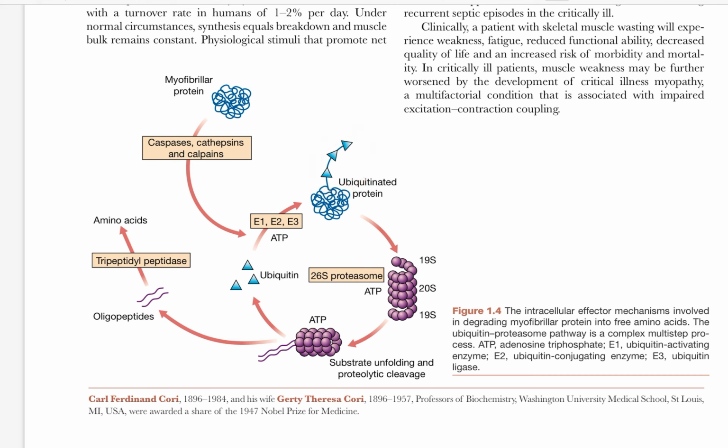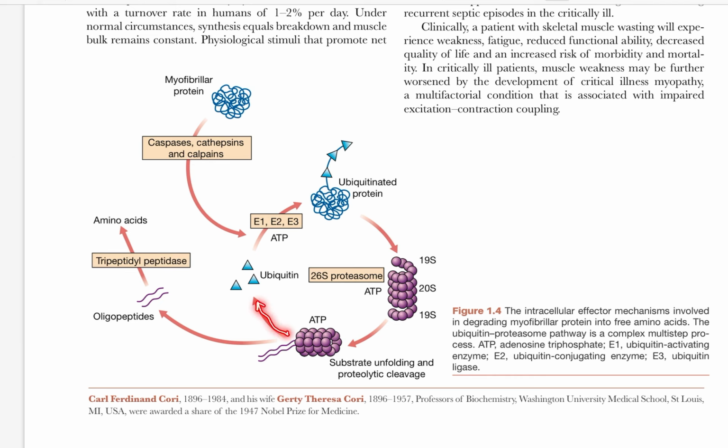After that, it forms a 26S proteasome, 19S, 20S, 19S. With ATP, the substrate unfolding and proteolytic cleavage occur, which results in formation of oligopeptides, and oligopeptides are further converted to amino acids with the help of tripeptidyl peptidase.